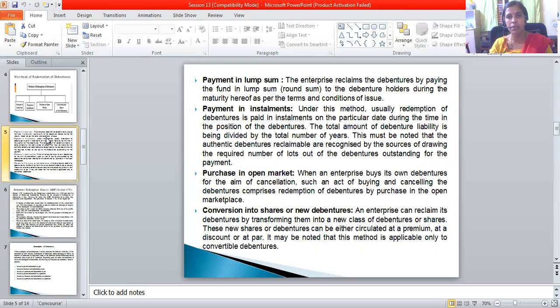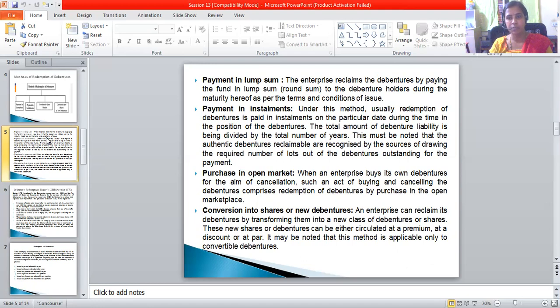The enterprise reclaims the debentures by paying the amount in a lump sum to the debenture holders at maturity, as per the terms and conditions of the issue. Payment in installments means paying on particular dates, spread over the total number of years.